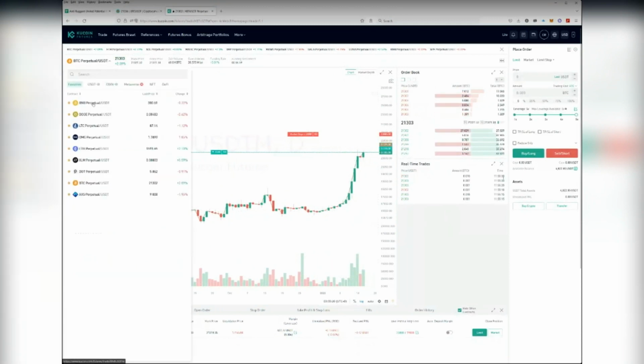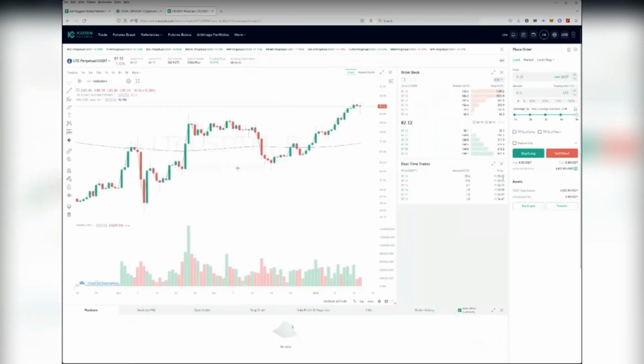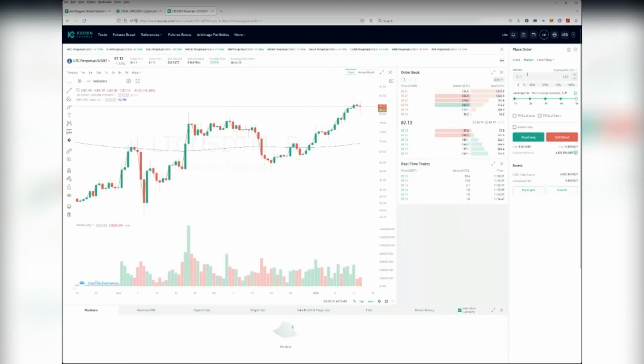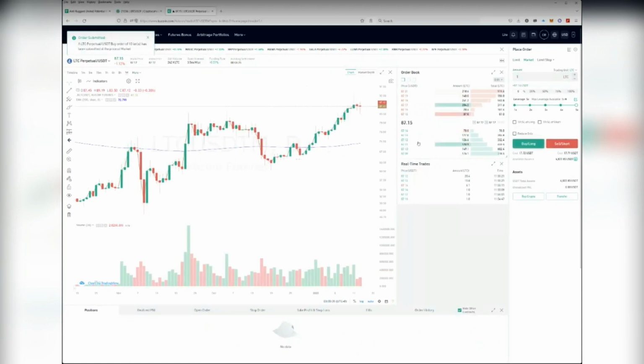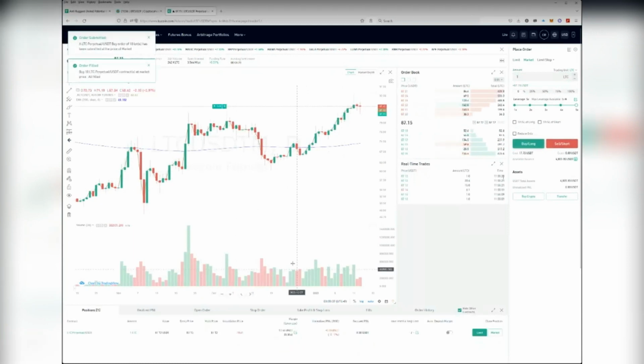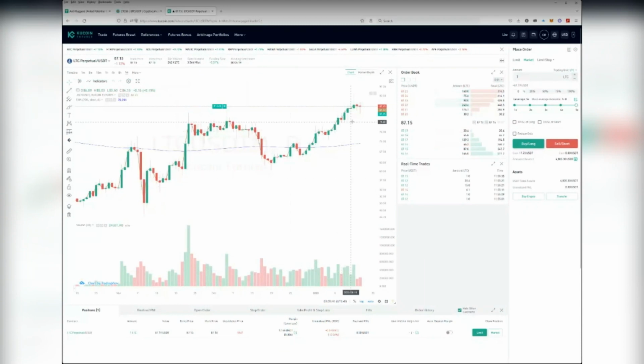Let's do it on a different trade. Let's do Litecoin. So I'm just gonna buy like one Litecoin. Okay, boom! I have a Litecoin. Let's do say 79, 97.